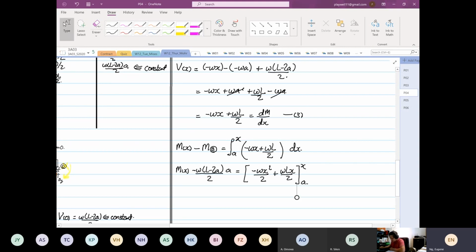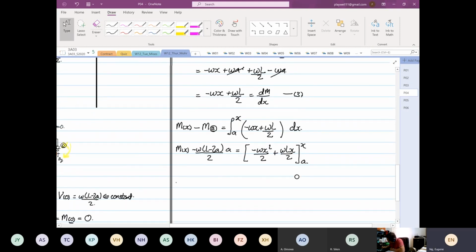Okay, so you have M as a function of x minus omega (L minus 2a) divided by 2 times a. So this will be equal to minus omega x squared over 2 plus omega Lx over 2 minus [minus omega a squared over 2 plus omega La over 2], close bracket.